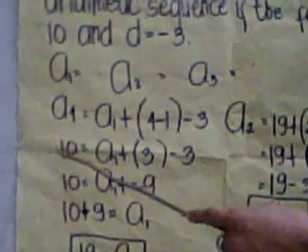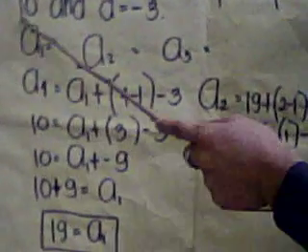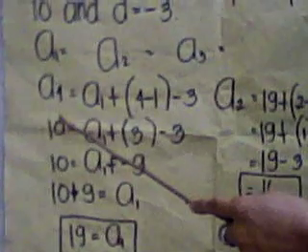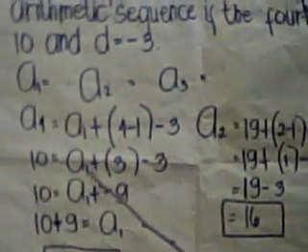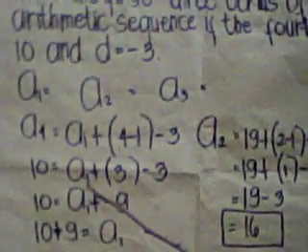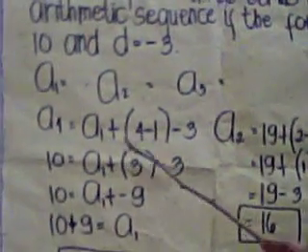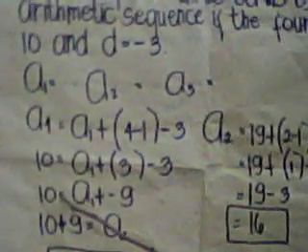Change a sub 4 to 10. So 10 equals a sub 1 plus 3 times negative 3.